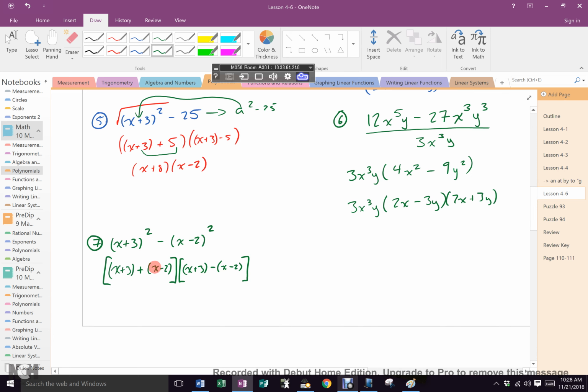X plus x. What is that? 2x. 3 plus negative 2. 1. Plus 1. X minus x.